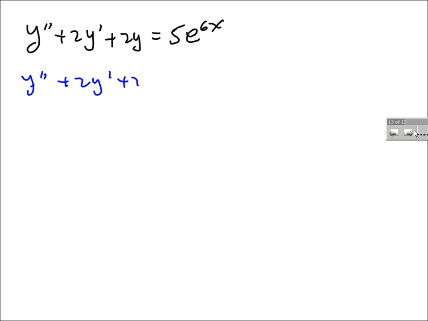You have y double prime plus 2y prime plus 2y is a function of x. First step is you solve the corresponding homogeneous equation. So the auxiliary equation will be this.